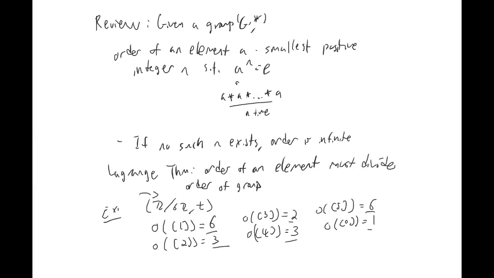And obviously for infinite groups, anything can happen. In Z, all elements aside from 0 have infinite order. If you take any integer other than 0 and keep adding it to itself, you never get 0. You just go off to infinity or negative infinity.